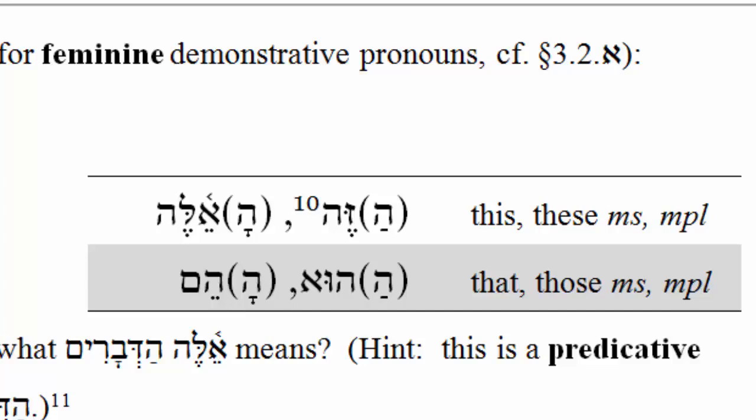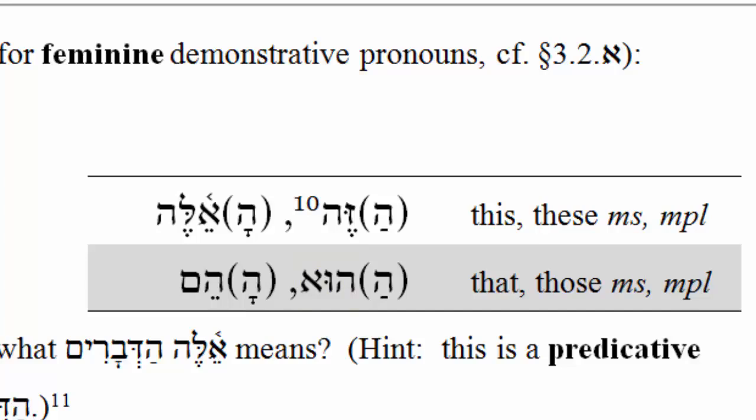If instead of referring to this, you want to point out something different, using the equivalent of that, then Hebrew will employ the word hu. And yes, this resembles and is the same as the pronoun for third masculine singular, translating as he.